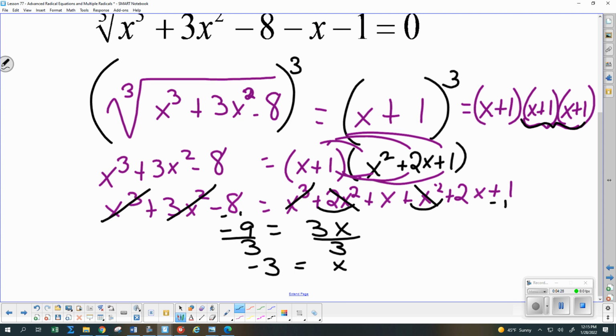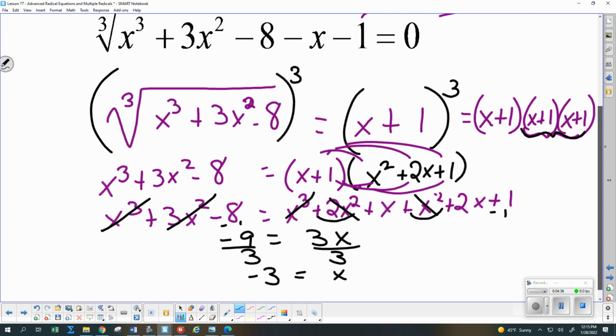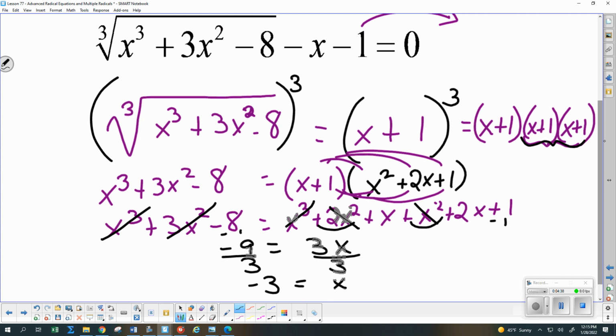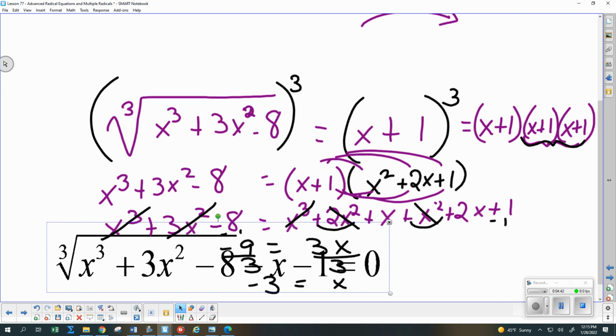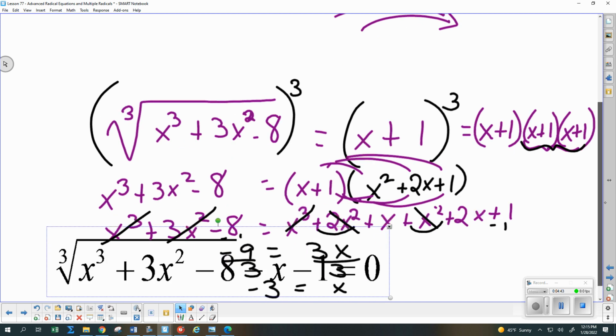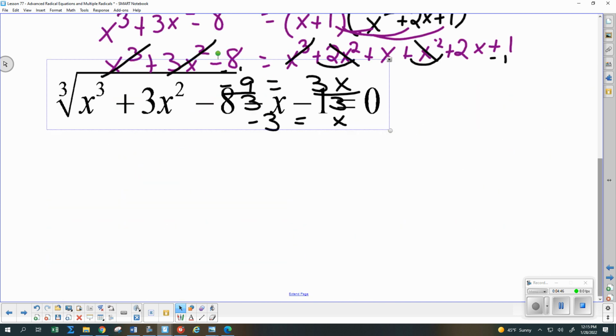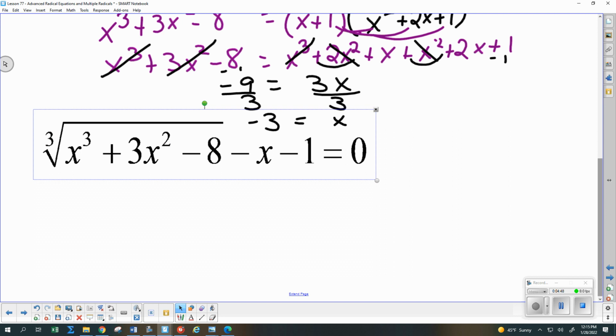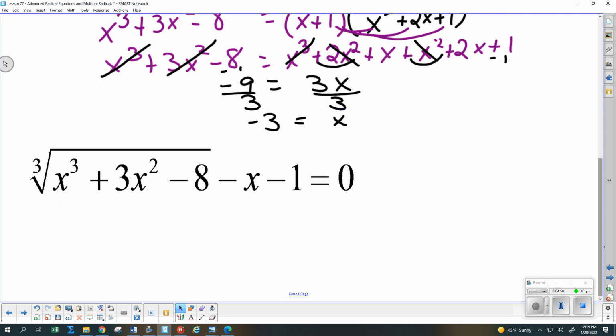What do we have to do on root equations? We have to plug it in and check it. So let's see if I can get enough to where I can see what I had up there at the top. Maybe for the sake of the check, I'll move it down here just long enough to do the check. So we want to plug negative 3 into that original equation.